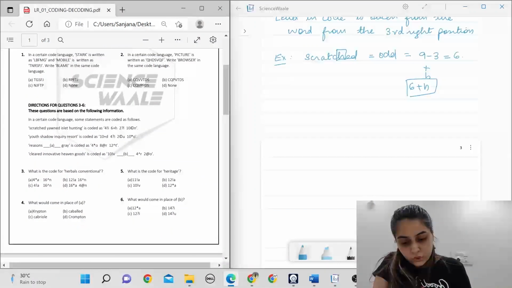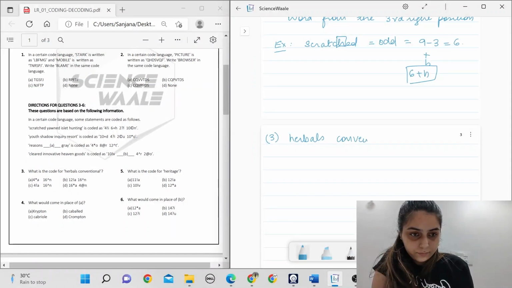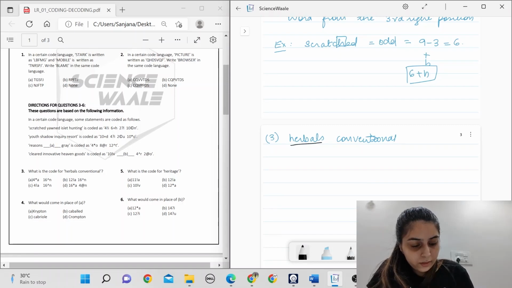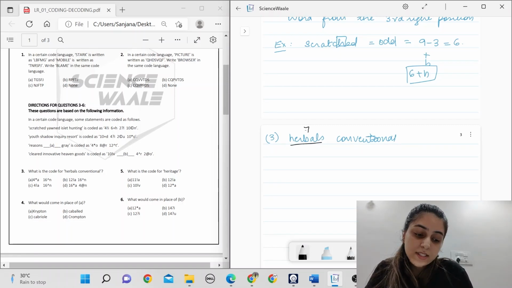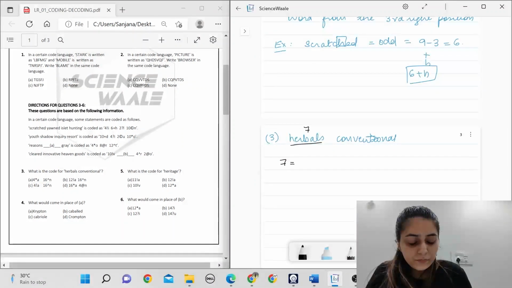So coming to the question, they have asked what would be the code for herbals conventional. Now if we look at the word herbals, it's a 7-letter word, which is again an odd number. So the number would be 7 minus 3, that is equal to 4. The number is 4.